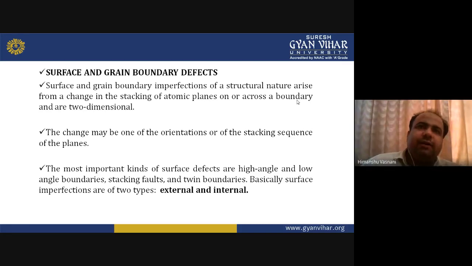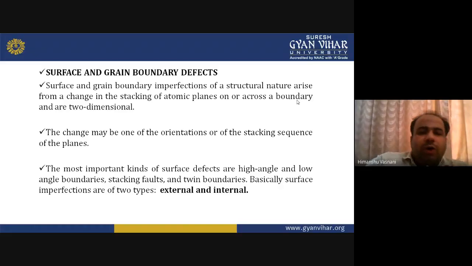I will show in the later diagrams how the orientations differ or how the sequence gets disturbed. The important kinds of surface defects are high angle and low angle boundaries. These imperfections are internal.